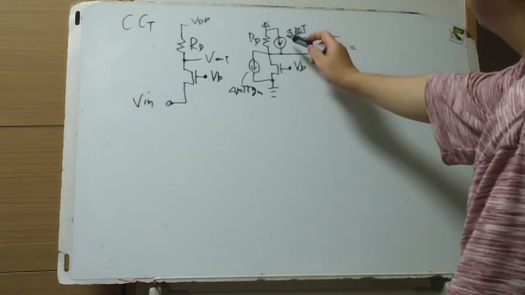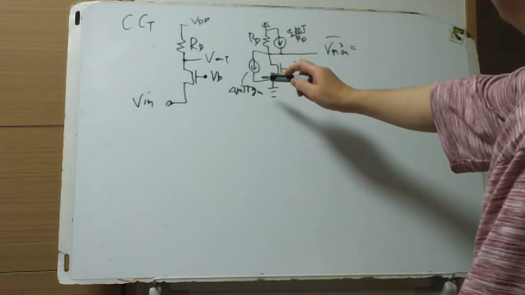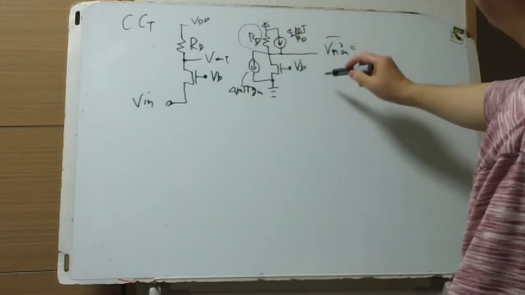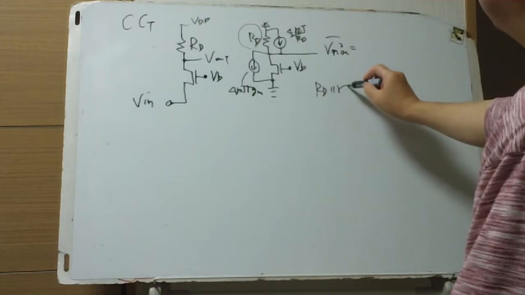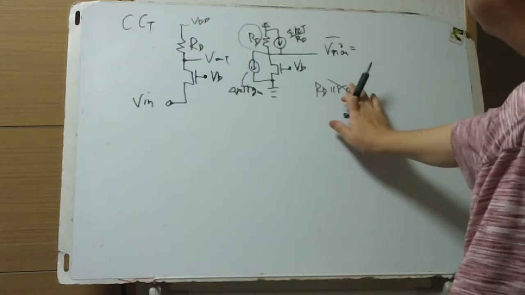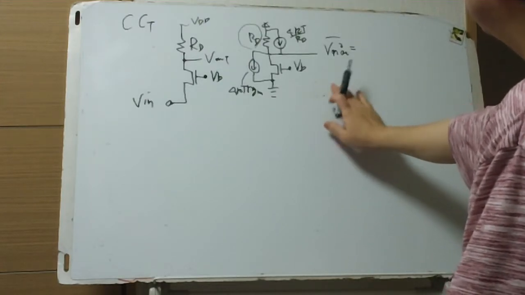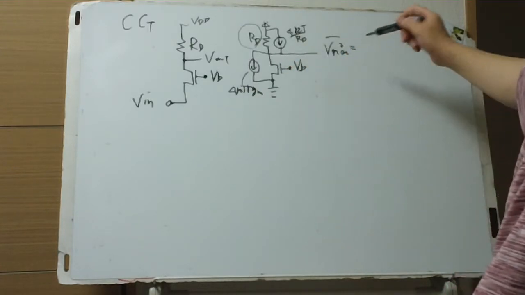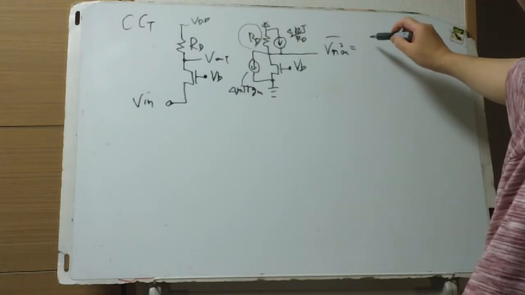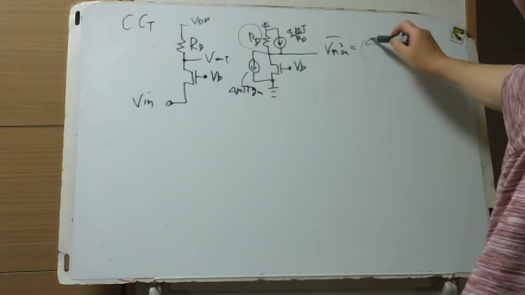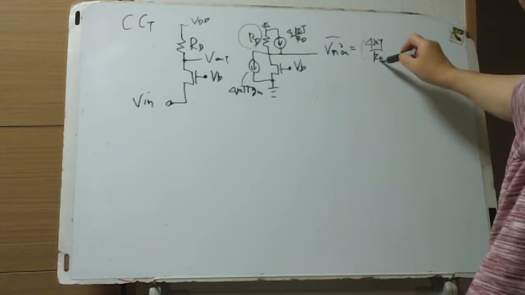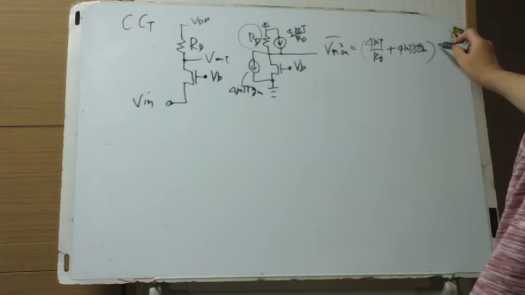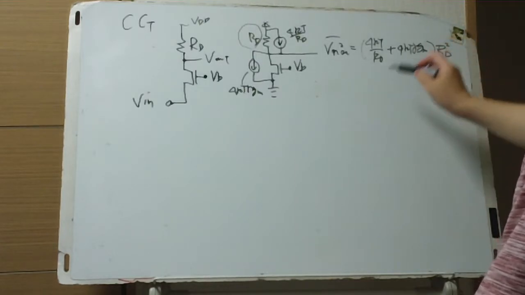This is added to this, and this RD is in parallel with RO; RO is very large, so RO is neglected in the parallel combination. This voltage noise goes to 4kT over RD plus 4kT gamma gm, times RD squared, approximately.